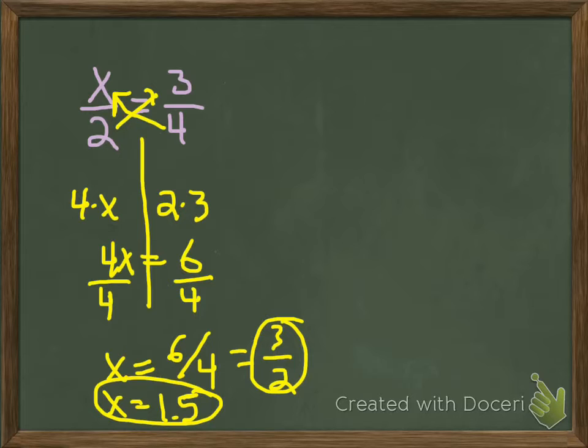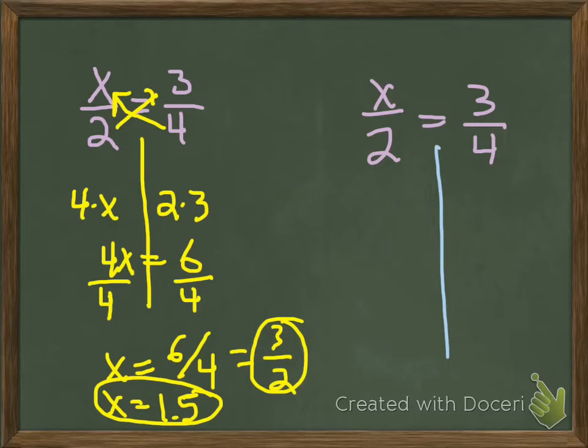You could have made this problem a little bit simpler, and I'm going to rewrite it over here. x over 2 equals 3 over 4. I'm going to put a line down the middle. Cross-multiply, people kind of get caught up in that term. They see two fractions and they just say, I've got to cross-multiply. Well, you want to be a little careful.